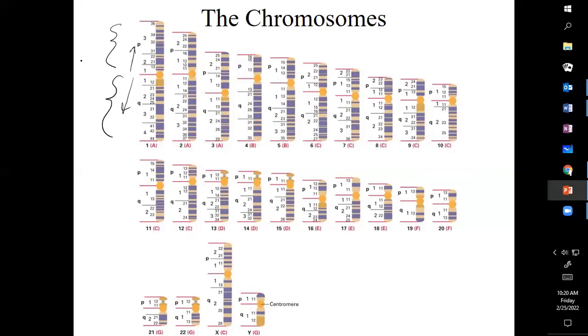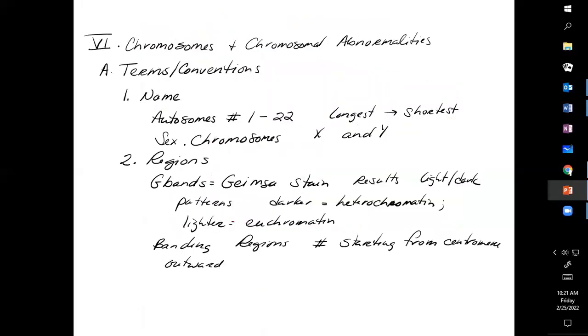We actually have two arms of the chromosomes. And they each have their own region numbering. So the arms are created by the position of the centromere on a chromosome.